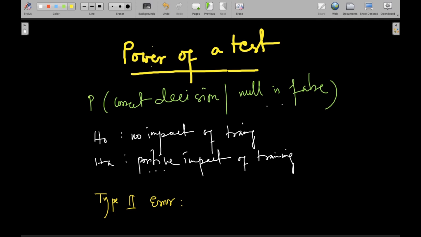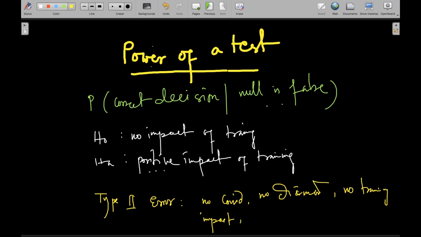Other examples: we say no COVID, or no diamond, where there is really COVID or a diamond, or we say no training impact where there really is one, or people are not thieves where they really are thieves.